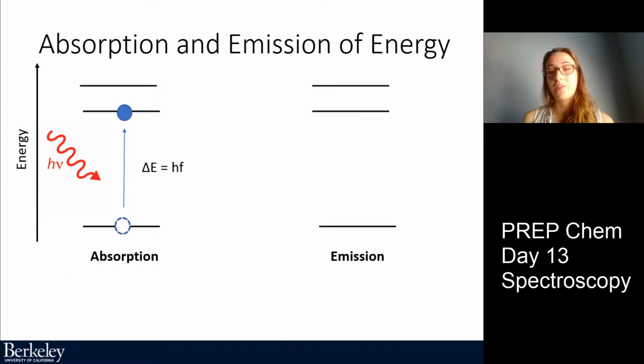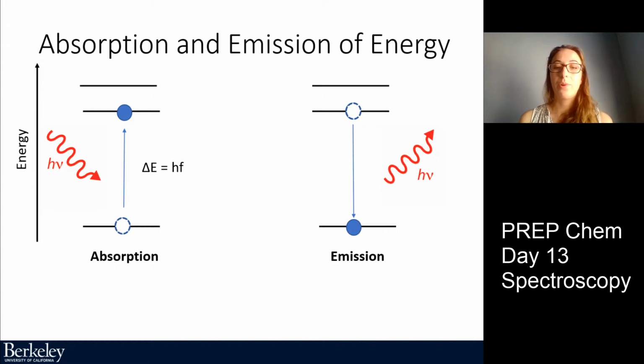On the other hand, we can also think about what emission is. In emission, we would have an electron that starts out at a higher energy level. And then this electron is going to move into a lower energy level. And when this happens, you actually get a release of energy. And this energy is released as a photon.